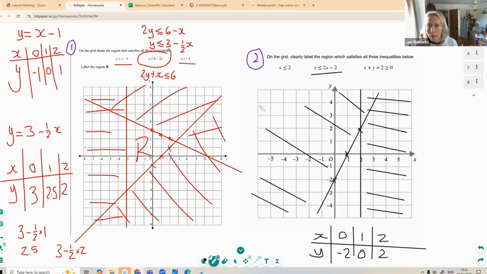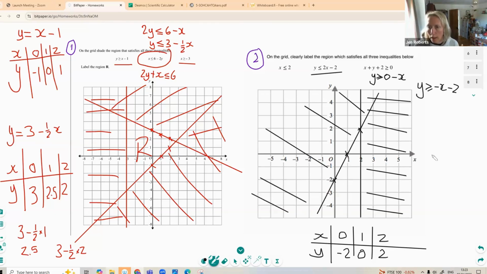Let's make y the subject here. Let's take an x off both sides first. 0 minus x is just negative x. But I also need to take a 2 off both sides.